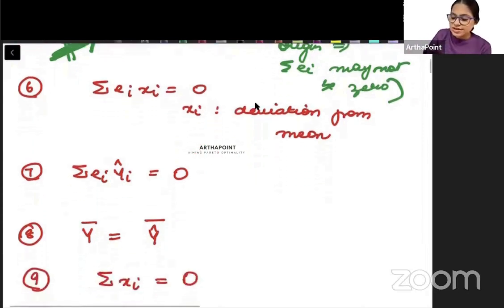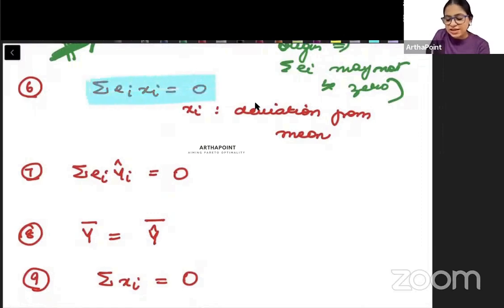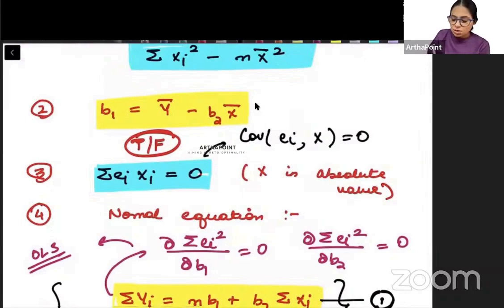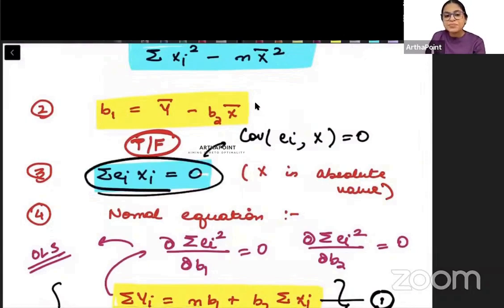Okay, now this is the next formula which is summation ei xi equal to 0. How is it different, beta? When we talk about equation number 3, in this xi is in absolute form.